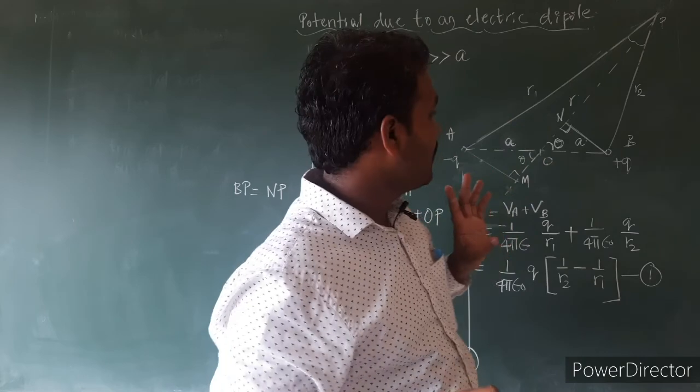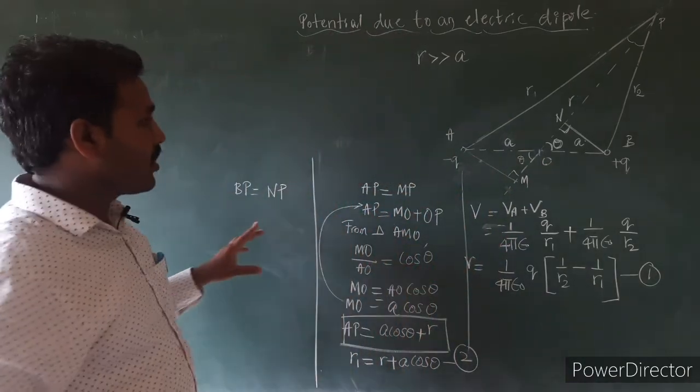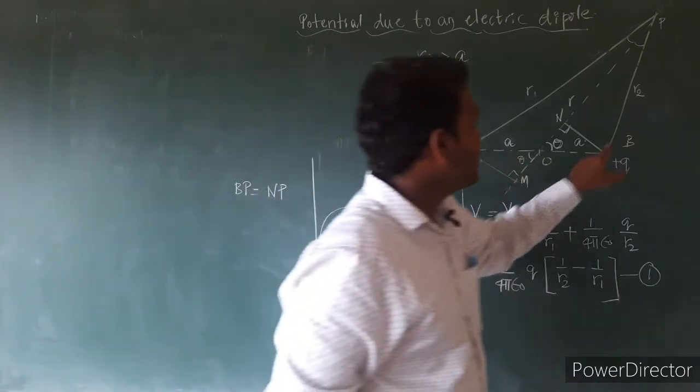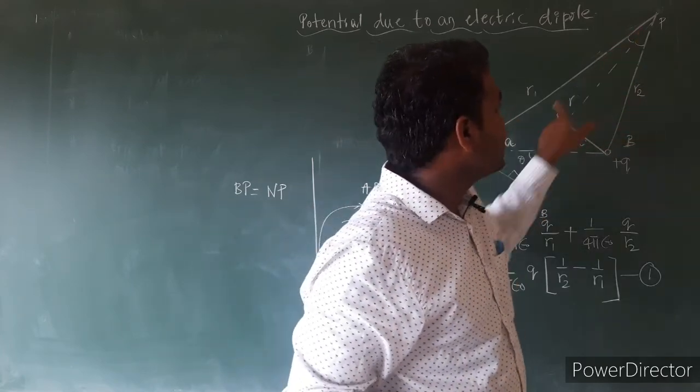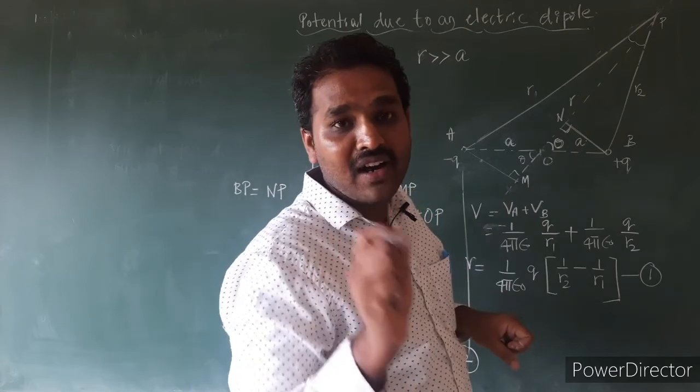Again observe here, I will write this unknown term in the form of R and theta. BP is already in the form of R2 here. So, this NP I will write in the form of R and theta.